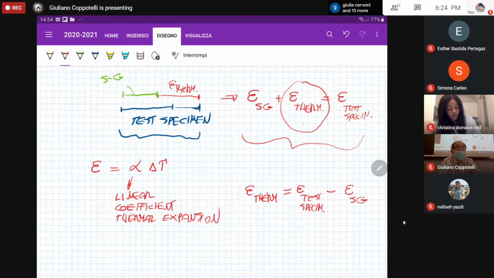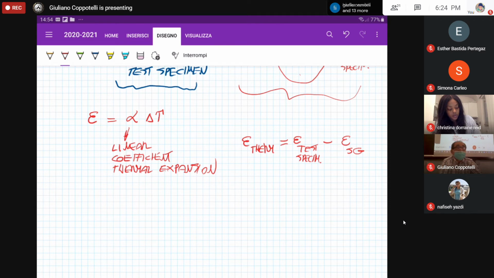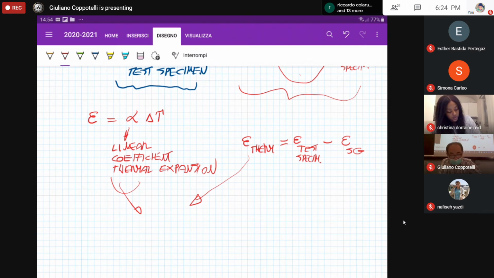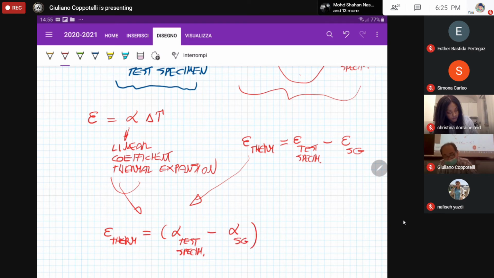By following this information, which relates the strain to the linear coefficient of thermal expansion, and the previous equation, the thermal strain is equal to the linear coefficient of thermal expansion of the test specimen minus the linear coefficient of the strain gauge, times the change of temperature.